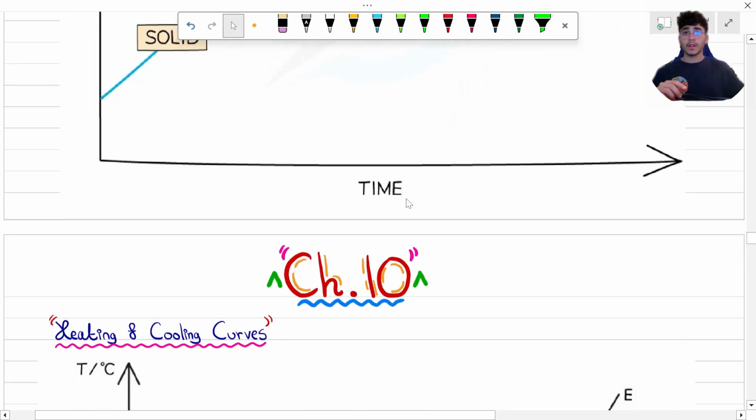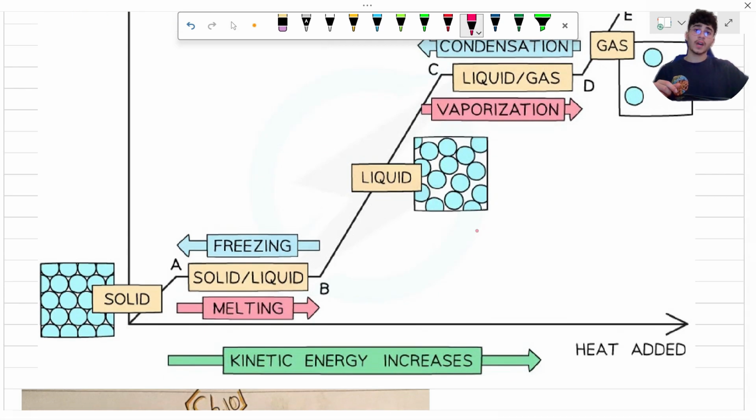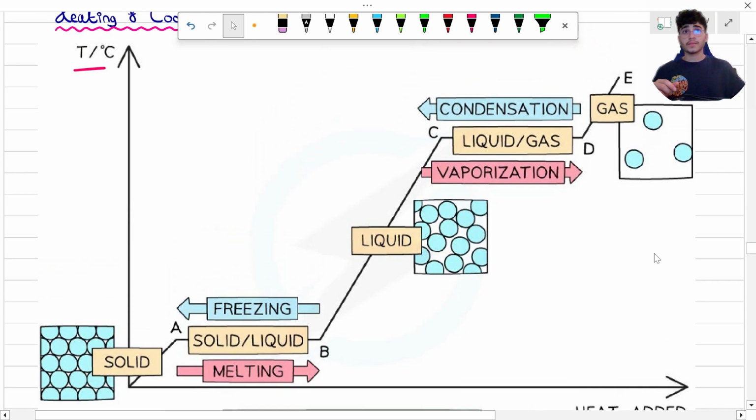We're going to study this one in a much more detailed curve here, heating and cooling curves. So on the y-axis, we have temperature in Celsius. On the x-axis, we have heat added, the amount of heat, or you can say delta H. So looking at it from down to up, the state is solid.